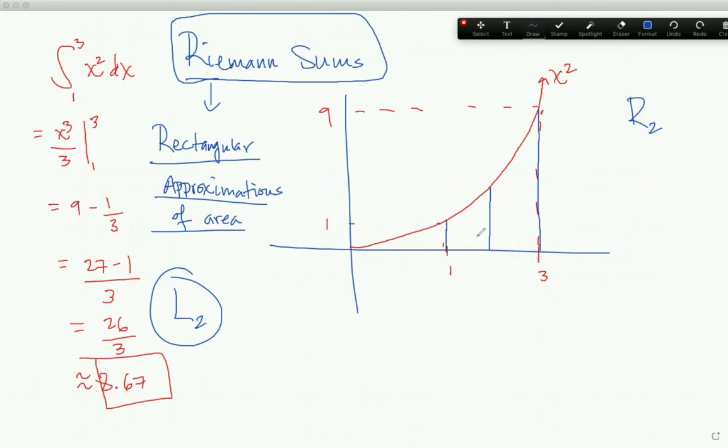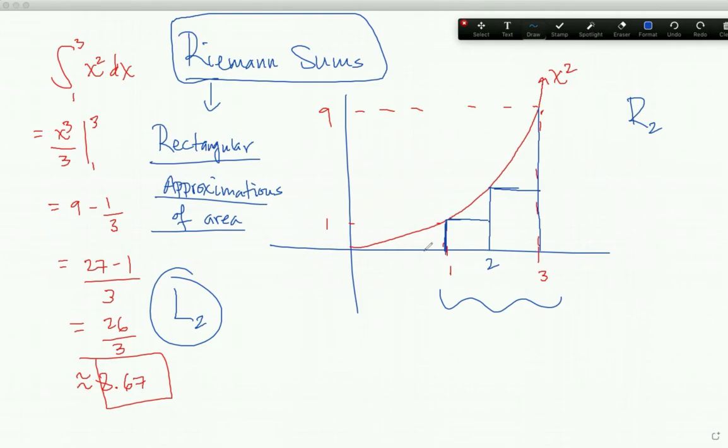I conveniently divided up the area we need to approximate, which is from 1 to 3 under the curve, into two nice parts. Now if I draw my rectangles, I have an interval from 1 to 2. From 1 to 2, I'm asking myself, do I use the height of the rectangle on the left, or do I use the height at 2, or the height at 1?